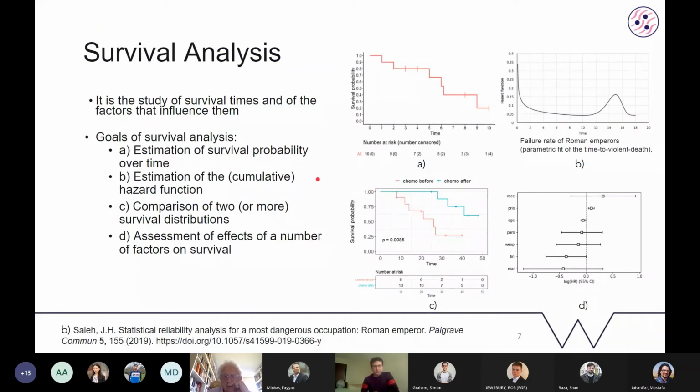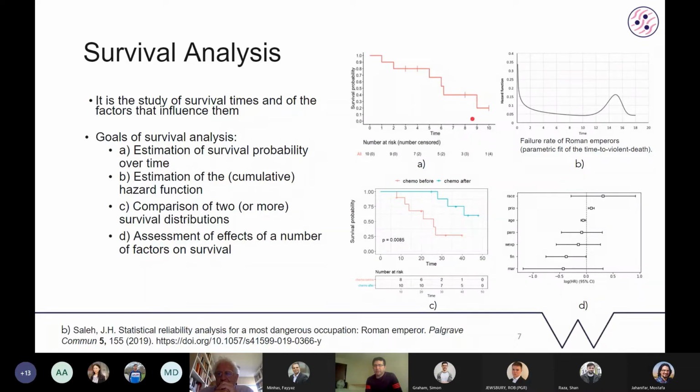Survival analysis deals with the study of survival times and any factors that can influence the survival. The four main goals that we can achieve with survival analysis: we can estimate the probability of an event occurring over a certain period of time.